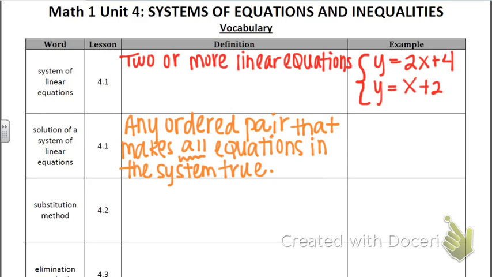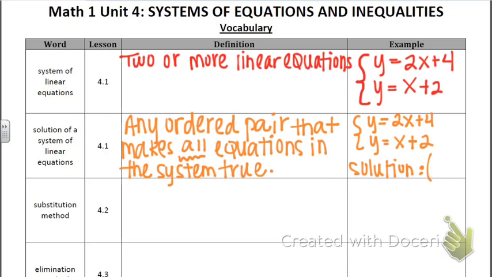So usually a system most often only has one solution, and we're going to look at what that means graphically today. So for the system that's given above, y equals 2x plus 4 and y equals x plus 2, it actually only has one solution, and you guys are just going to take my word for it today.